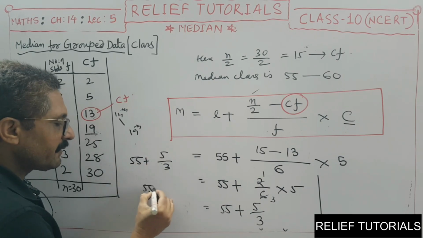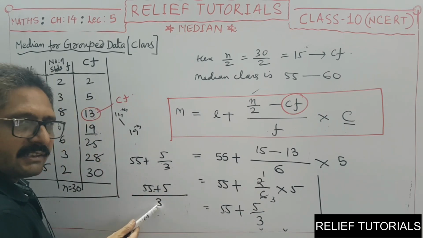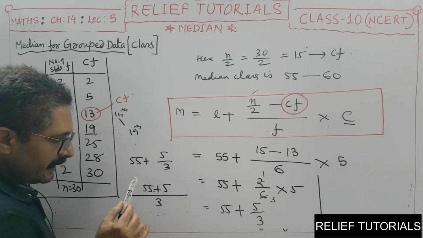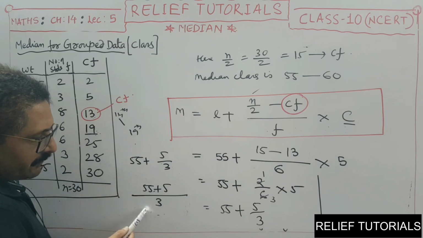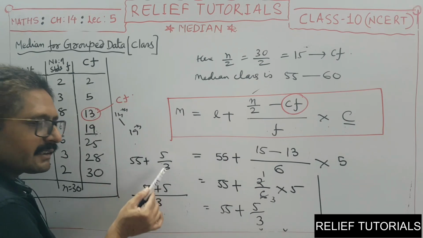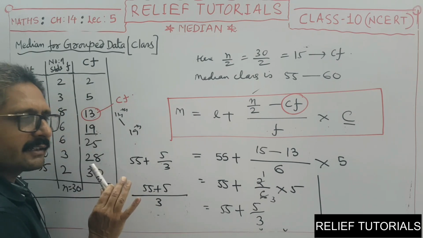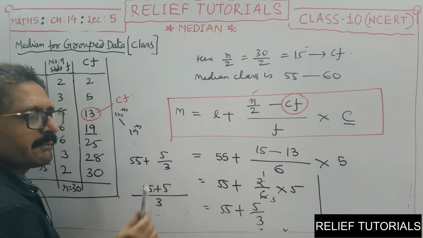Yes, if it is this way, (55 + 5) divided by 3, meaning this 3 is dividing both 55 as well as 5, here we can add these two, but you see the difference. Here 3 divides just 5. ये 3 सिर्फ 5 को डिवाइड करता है, 55 को डिवाइड नहीं करता है. So we can't add this. So first you have to find 5/3.